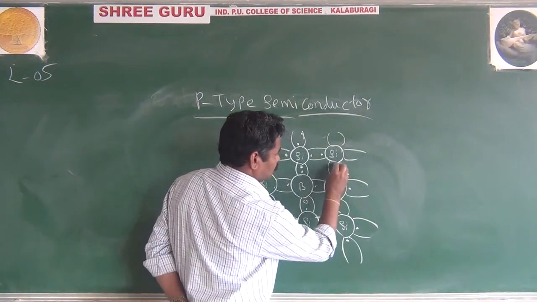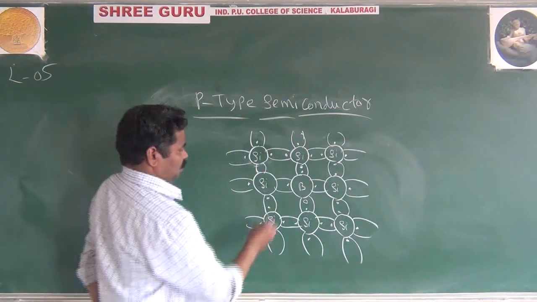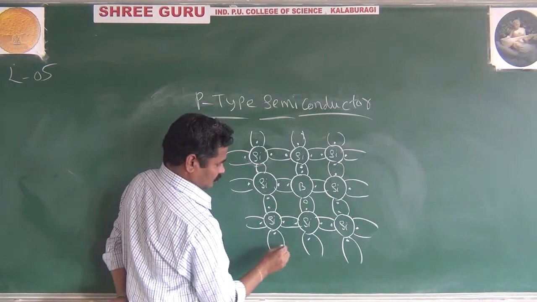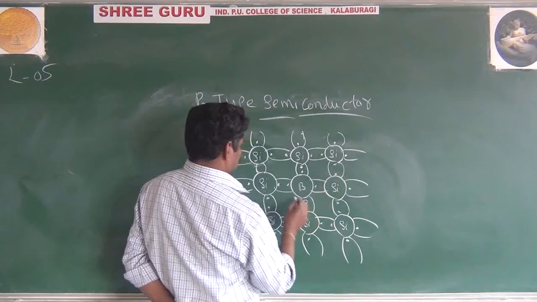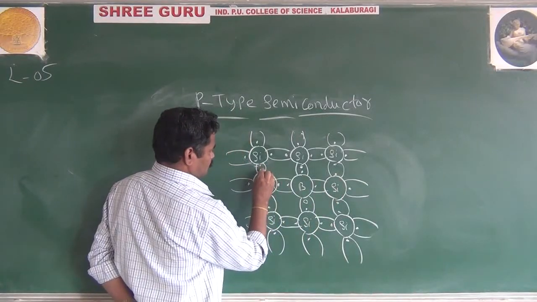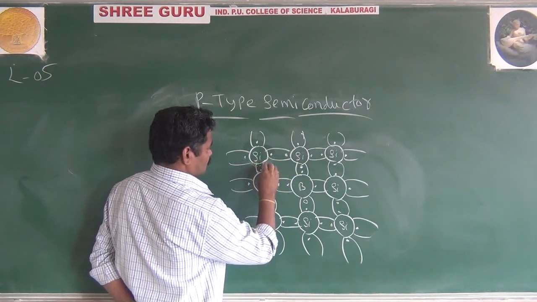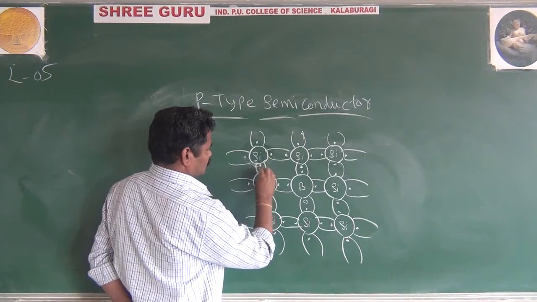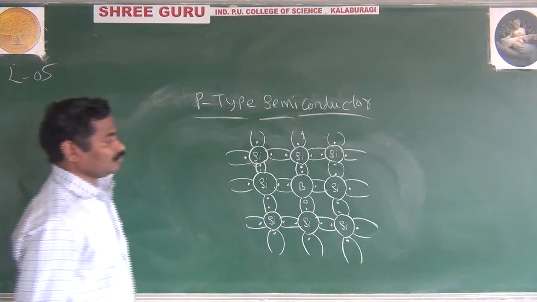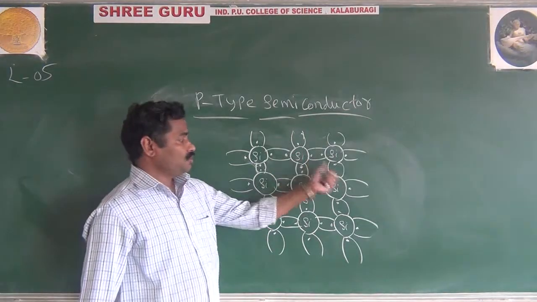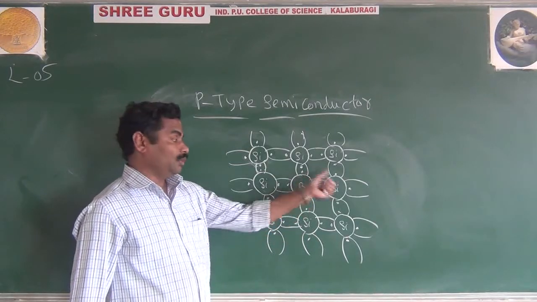Different electrons are there. Here, in the surrounding you have the silicon atoms, and you are adding the boron to the pure semiconductor.